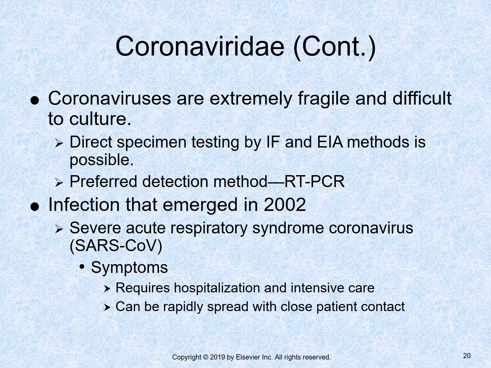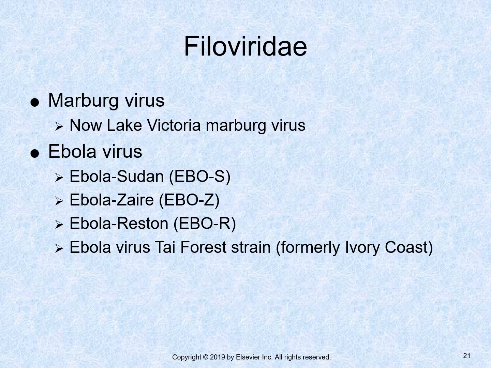This is how the disease was named. It was ultimately termed severe acute respiratory syndrome, also known as SARS, and the causative agent was designated as the SARS-associated coronavirus. This infection required hospitalization and intensive care, and it could rapidly spread with close patient contact.